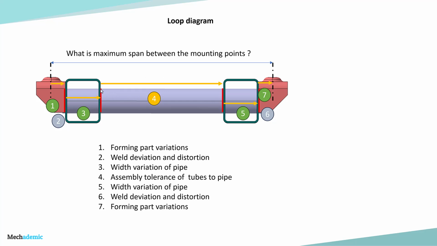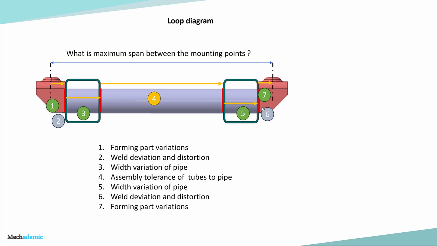So the positional deviation of the assembly and the weld distortion will basically be factored into this specification number 4. So this is the assembly tolerance of the tubes to the pipe, the tubes being the rectangular tubes. And then specification number 5 is again the width variation of the pipe, which is similar to specification number 3.